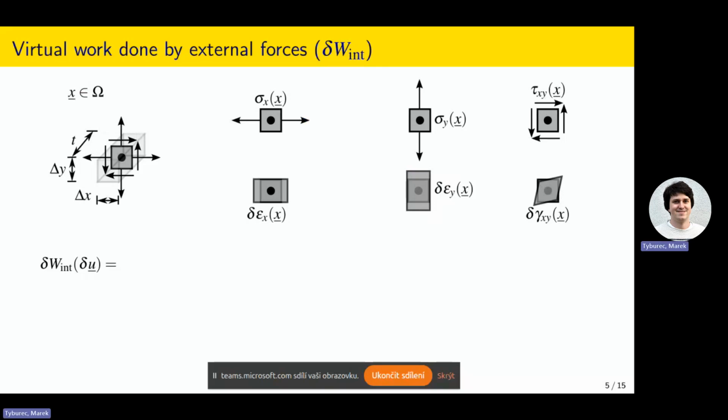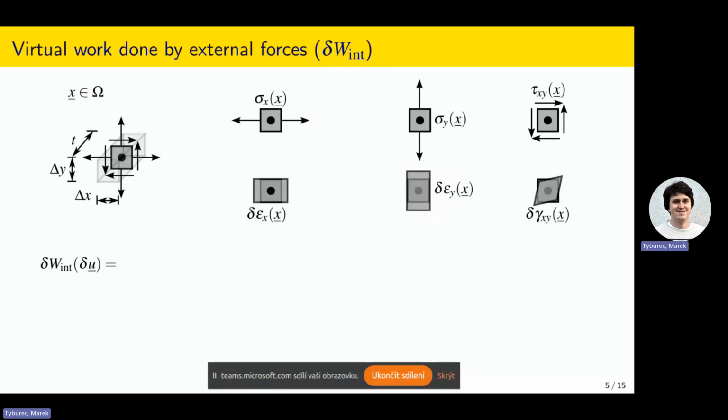Great. Any other questions? If not, let's proceed. That was the virtual energy due to the external forces. Now we are heading to the internal forces, deriving the expression for the energy of the internal forces.